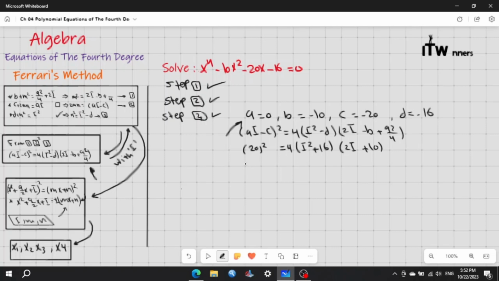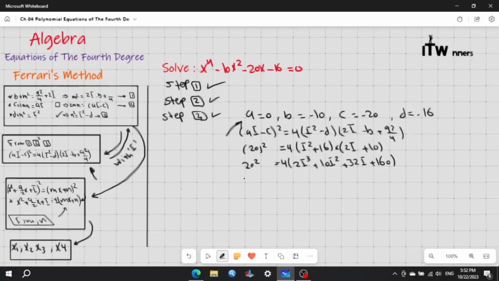Okay, so let's just perform this multiplication of brackets. So we have 20 squared equal to 4 into 2I cubed plus 10I squared plus 32I plus 160.